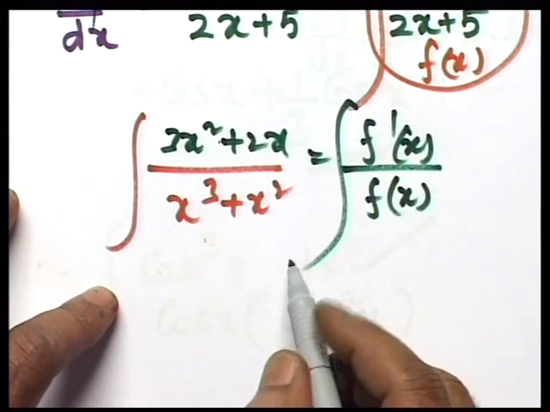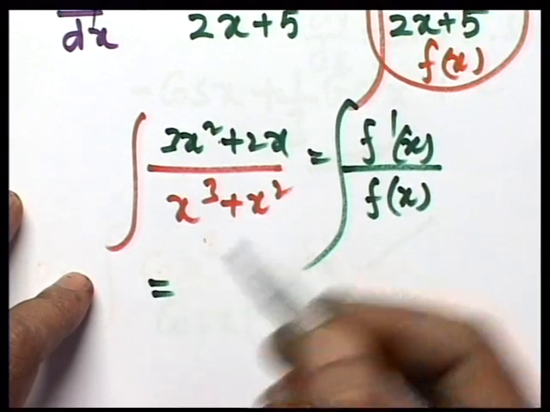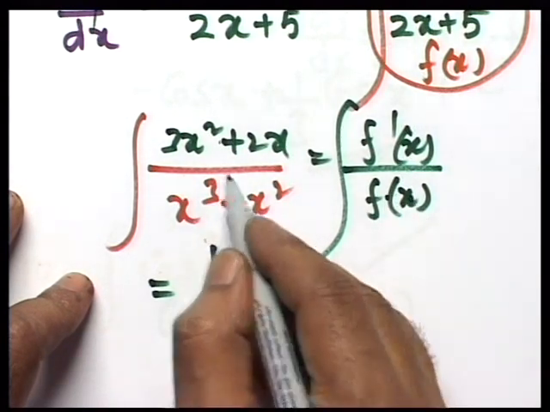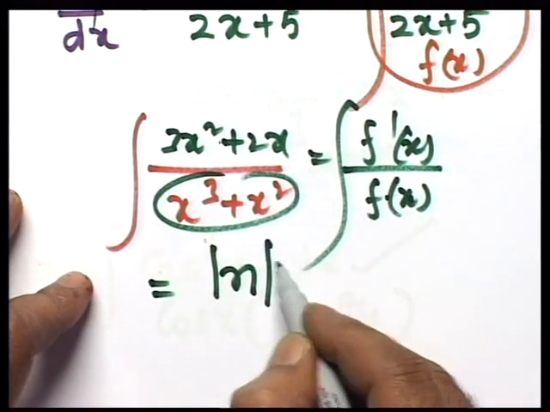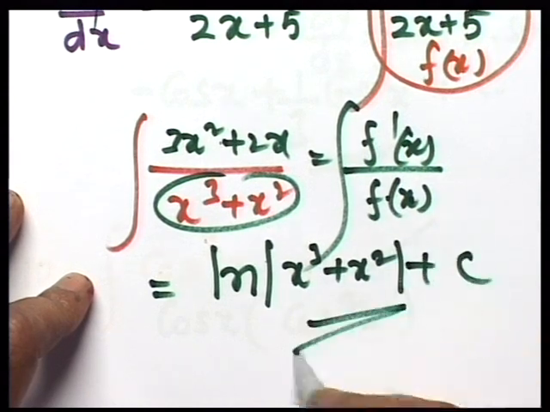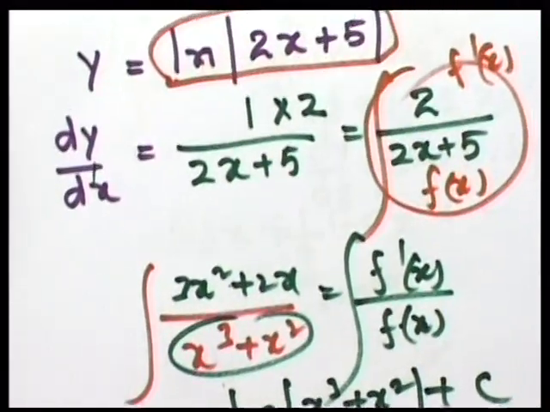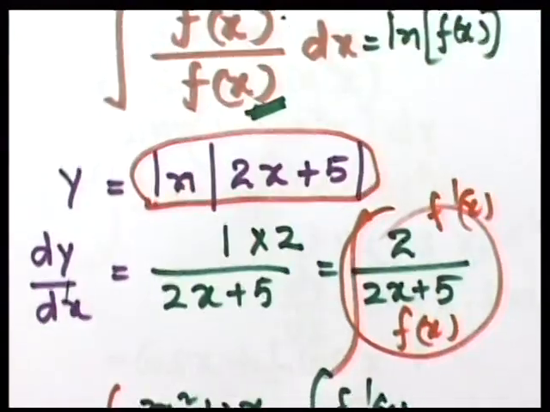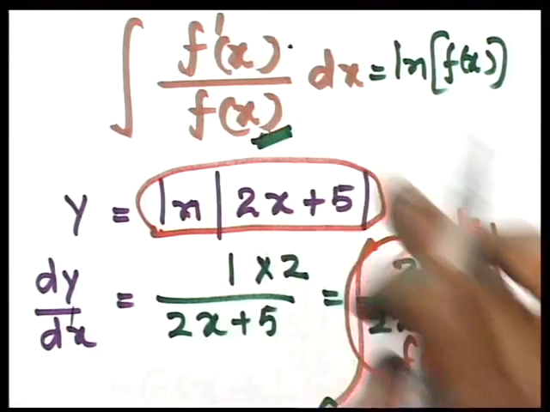When you integrate, what the book says is the answer should be simply natural log of function x, so that's ln of the modulus of x cube plus x square, plus c. So that's the last shortcut there. You can see the question and guess the answer if it's in that pattern.